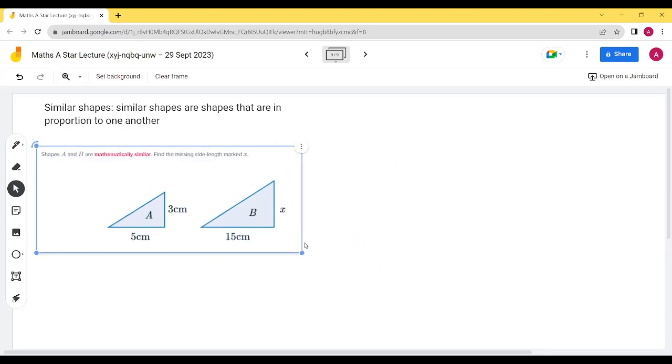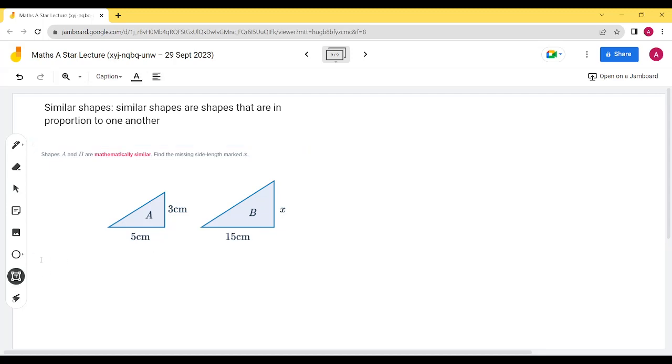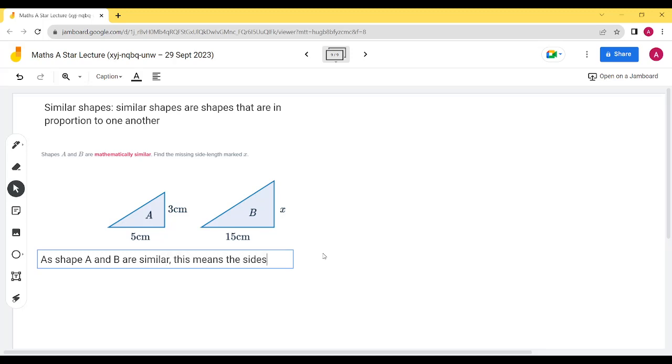Right, so we've got here, shapes A and B are mathematically similar, and we need to find the missing side length marked X. As shapes A and B are similar, this means the sides are in proportion to one another.